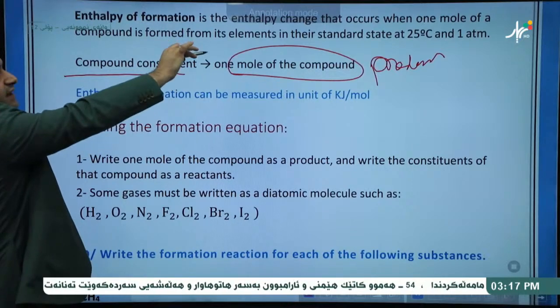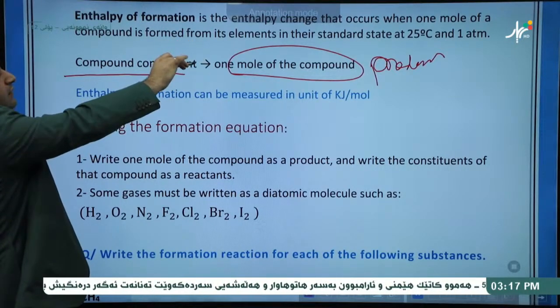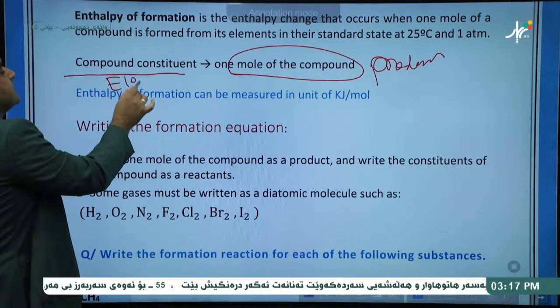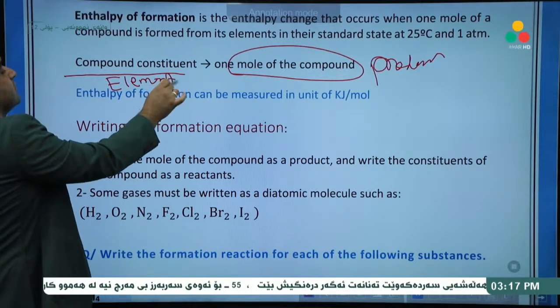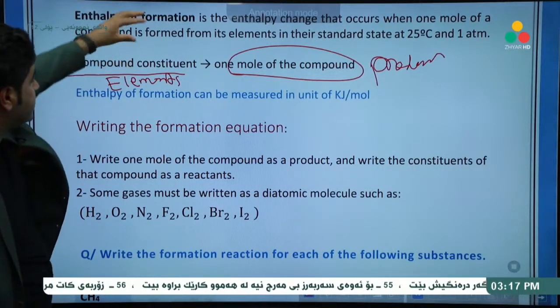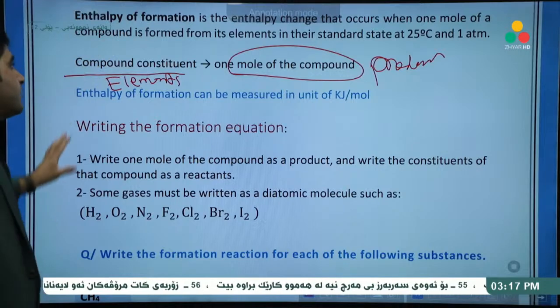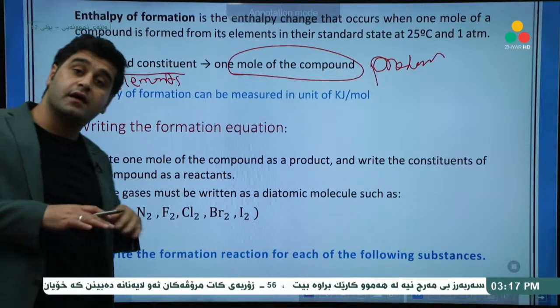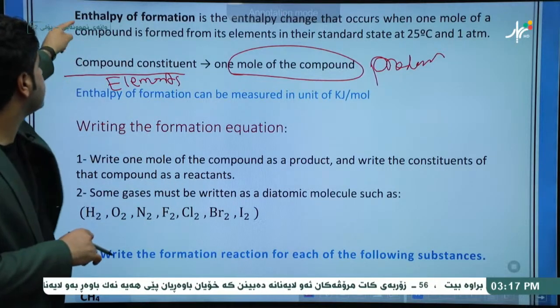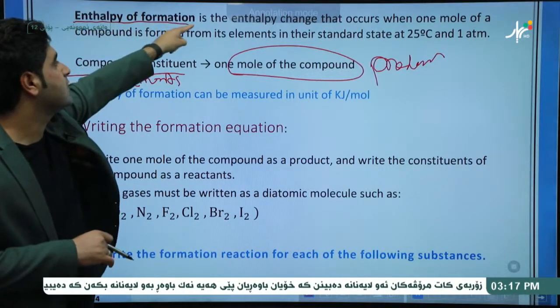The constituent elements of the compound. During this conversion, the amount of enthalpy can be changed, so it is called enthalpy of formation.